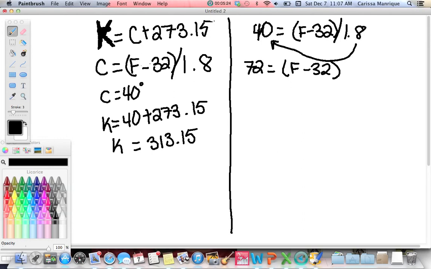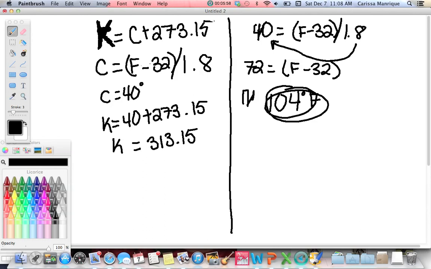So 72 plus 32, put that in your calculator, and you should get 104 degrees Fahrenheit. Now let's think, is this baby running a fever? Yep. So that should give you an intro to converting back and forth between temperatures.